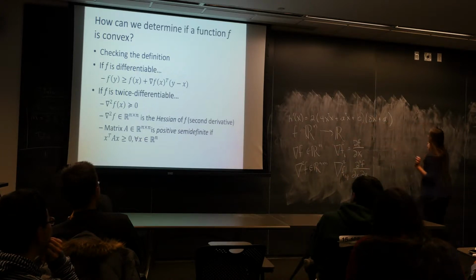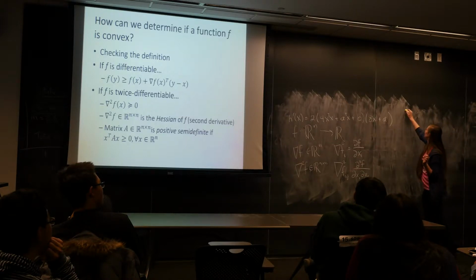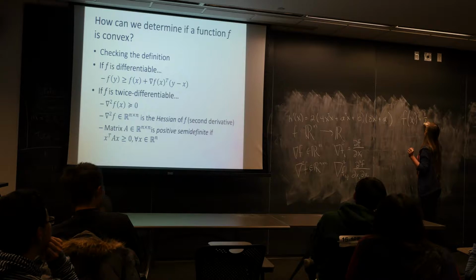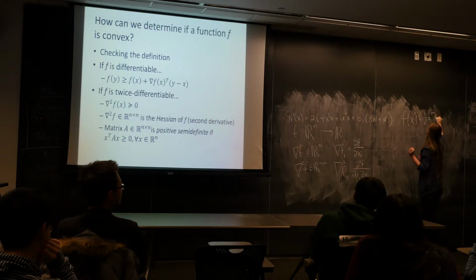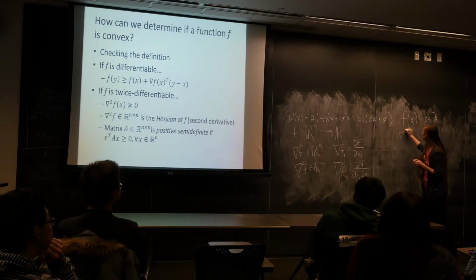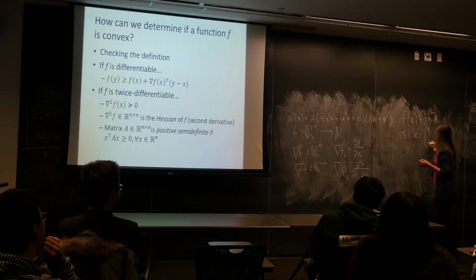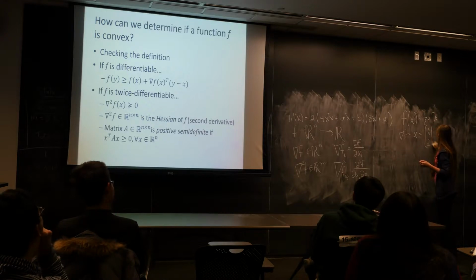Okay, so suppose, let's just keep our same f from before because it's easy. So we know here that the gradient of f is just going to be x, which again is x1, x2, all the way through xn.